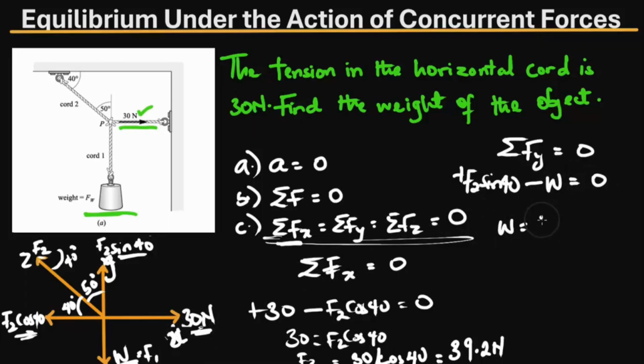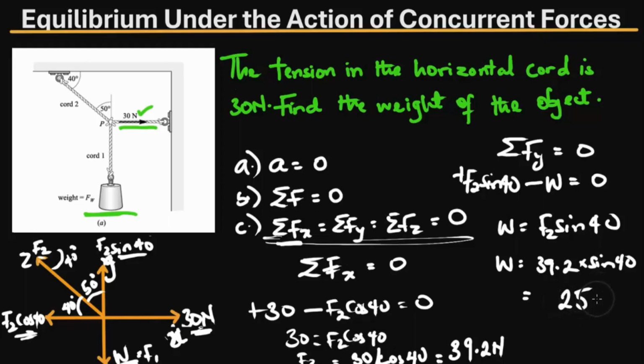So our weight is equal to F2 sine 40. Alright, so weight will be equal to 39.2 multiplied by sine 40. When we type that in our calculator, what do we have? We have approximately 25 Newton. And that is it. That's the answer to the question.